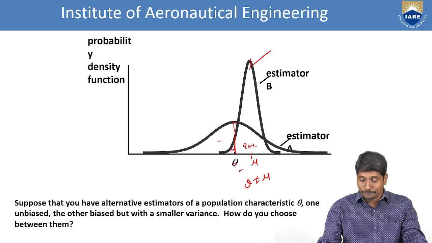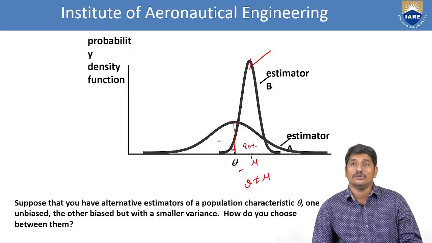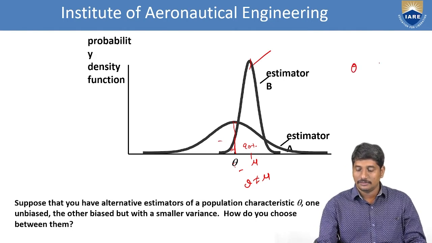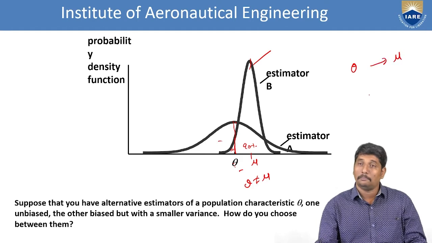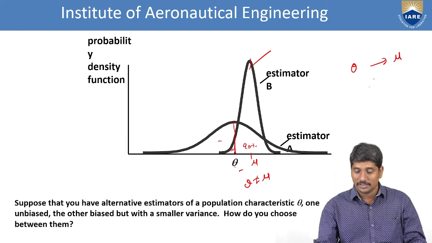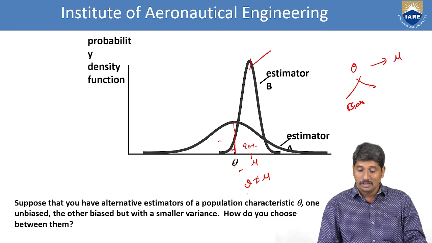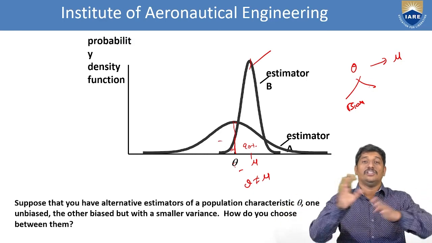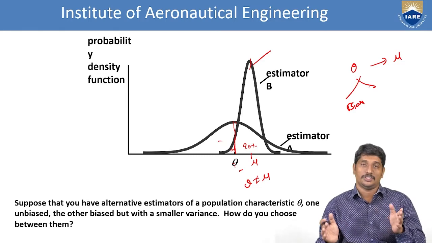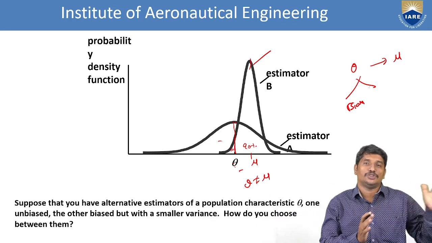From this discussion, we understood that an estimator theta for the parameter mu might be biased or unbiased. There are two kinds. Unbiased means the data will be spread equally, 50-50, on both sides, but biased means one side will have larger data and the other side will have very little data.